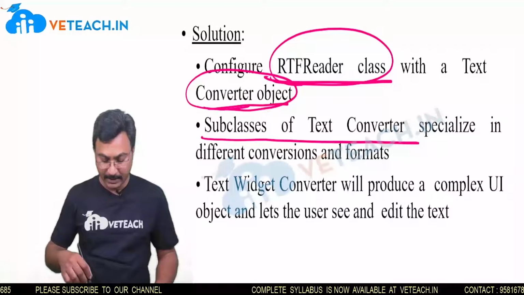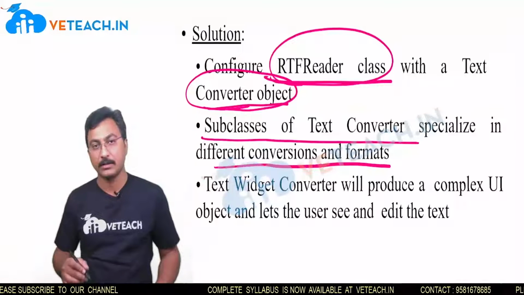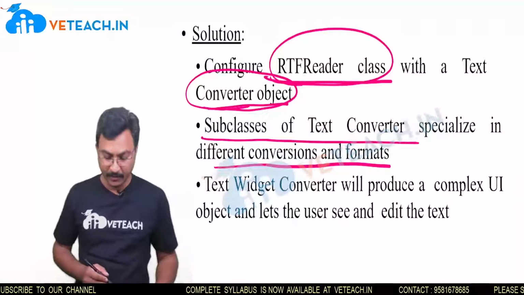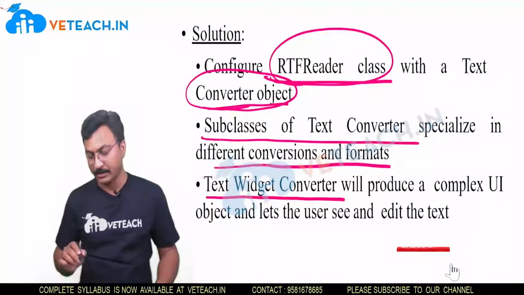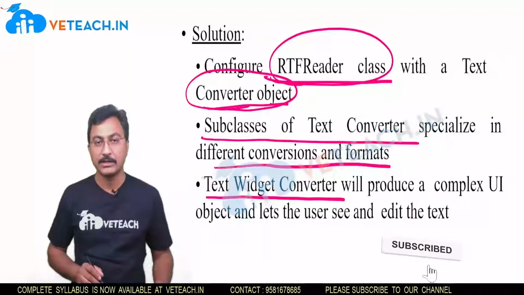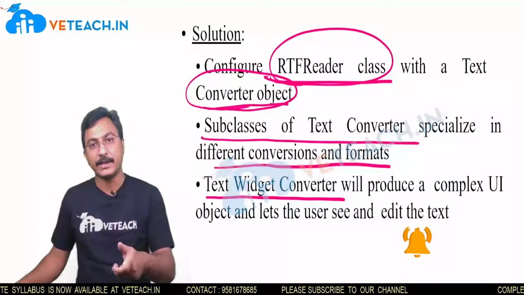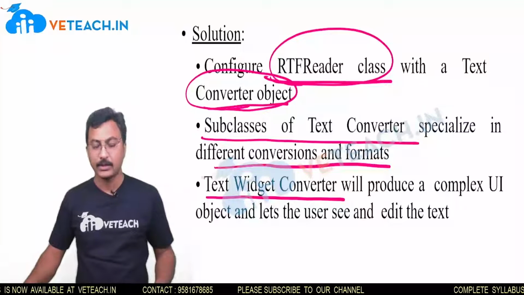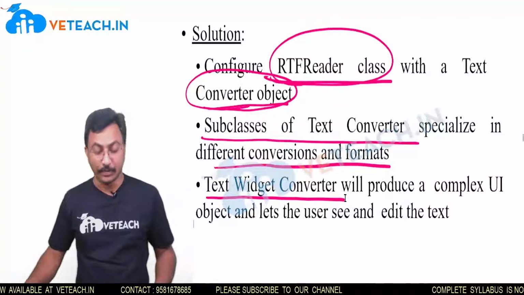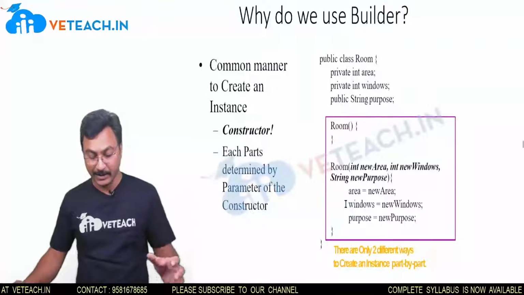So when we use that, we'll be able to generate different conversions and save them in different formats. For that, we will be implementing a text widget converter. A text widget converter specifically takes a specific area of text and converts that into a specific format. To do that, we will use complex UI based objects to edit and convert those text areas.